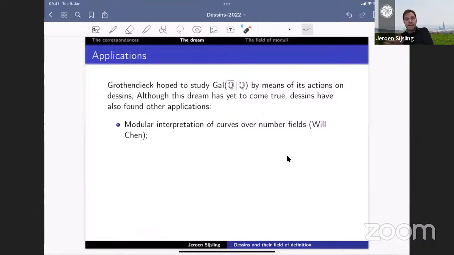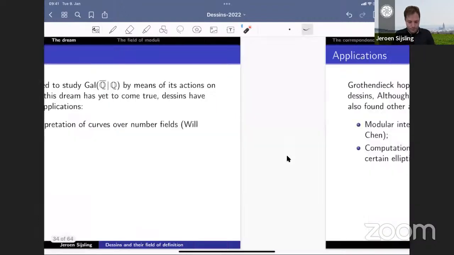One of them is exactly what Grothendieck said. If I have a curve over Q bar, then I can give it a modular interpretation because it corresponds to a certain Belyi map. And via Belyi maps, I can in fact give it a modular interpretation. And Will Chen has made this explicit.